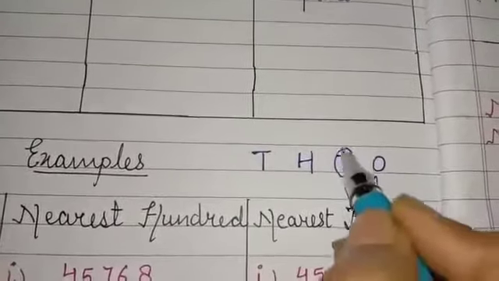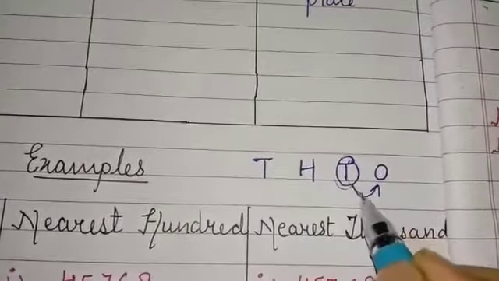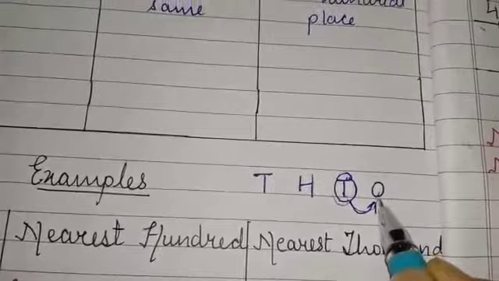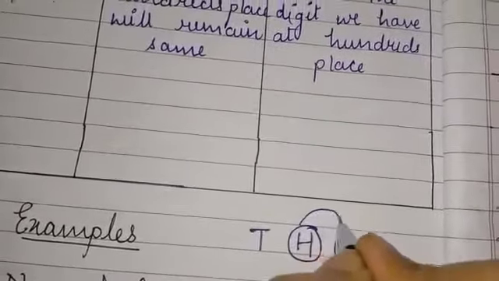Now see what we have done here. While doing the nearest tens, we look at the digit we have at ones place. Now while doing nearest 100, we will look at the digit we have at tens place.